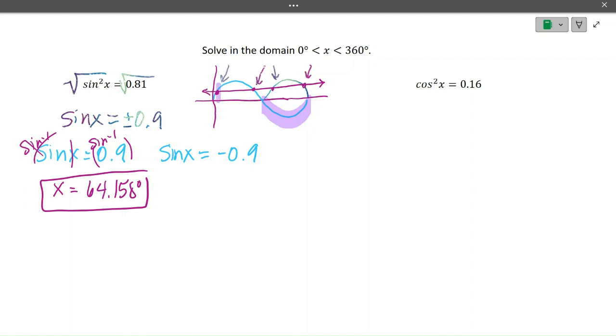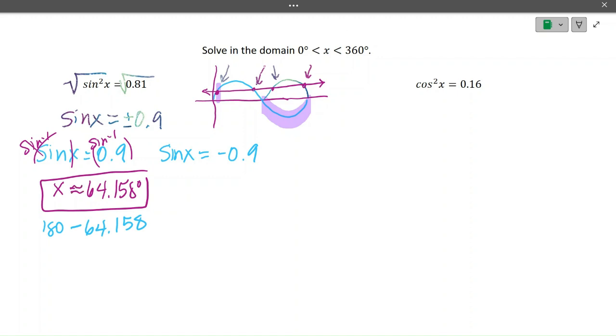But sine has a symmetry property, and its symmetry property allows us to have two values within 180 degrees, because if you look at the graph, you'll see that this value happens between 0 and 180 degrees. So our symmetry property says we say 180 minus 64.158 degrees. And by the way, this should be approximately equal to because I rounded.